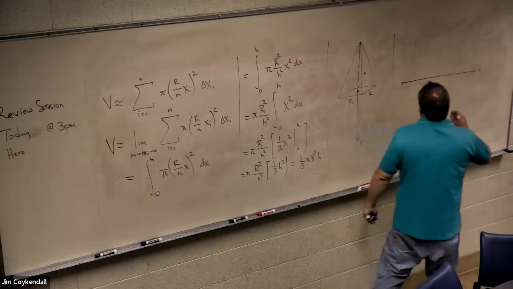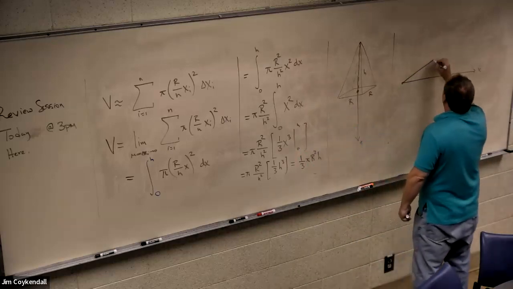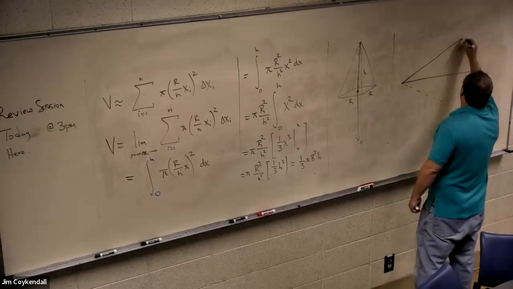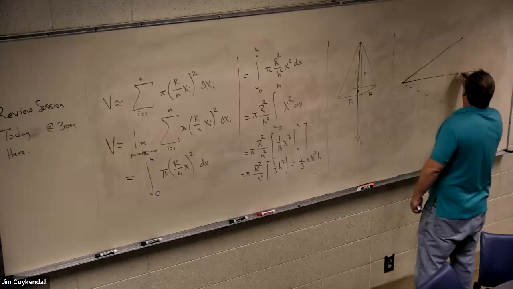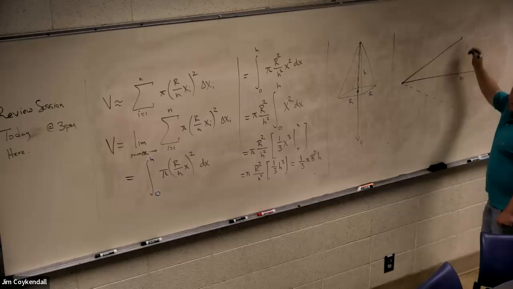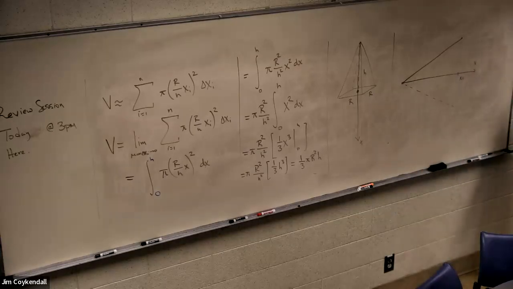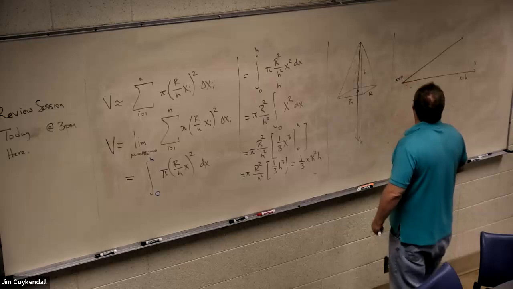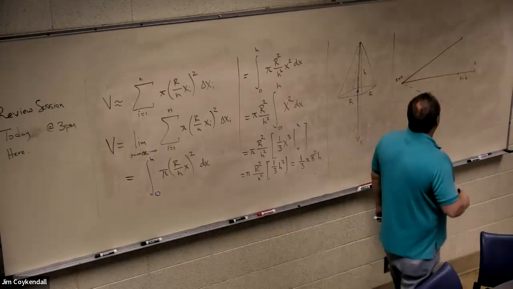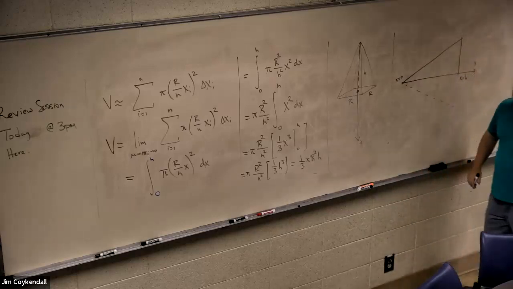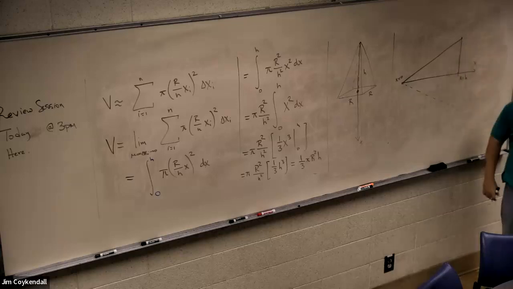If I draw just the cross section, it'll look like this. Here's the underside of it. This should be x equals H at the end of the pyramid, and this should be x equals 0 here. And this length right here, just from the x-axis up, what should it be?